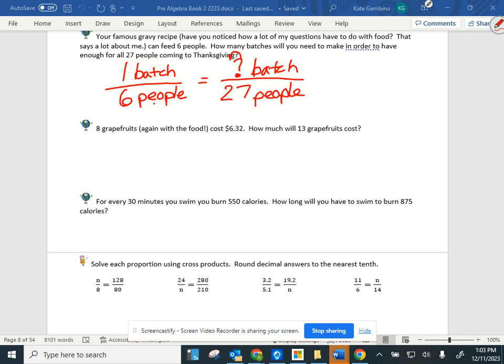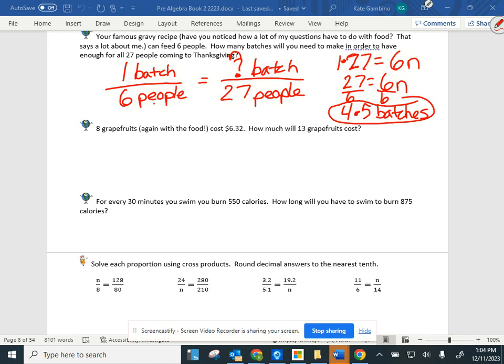So we had 1 times 27 equals 6n. So 27 times 1 we know is 27. You did that first step in your head, and then you knew, oh, I have to divide by 6. So 27 divided by 6 got you the 4.5. And we need to put our label on it. We know that those are batches. 4.5 batches. I just want you to know, Gabe, that it's not always going to be so simple with the 1. So you need to know what that first step was.